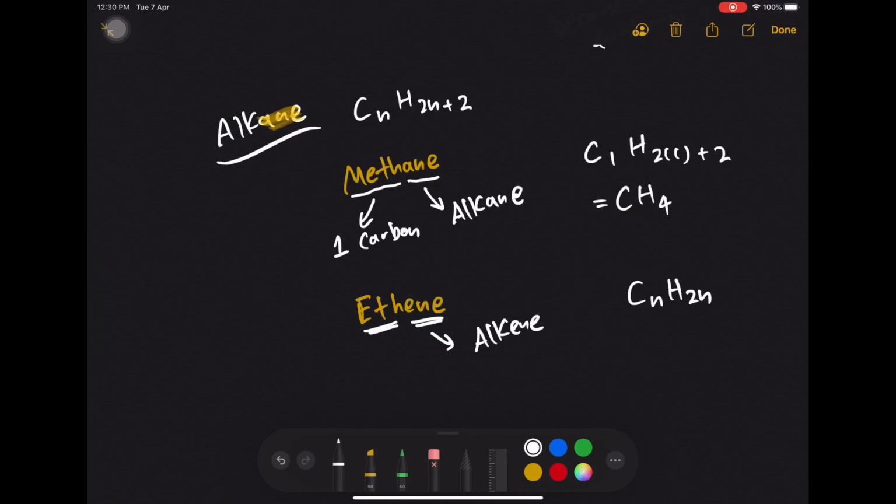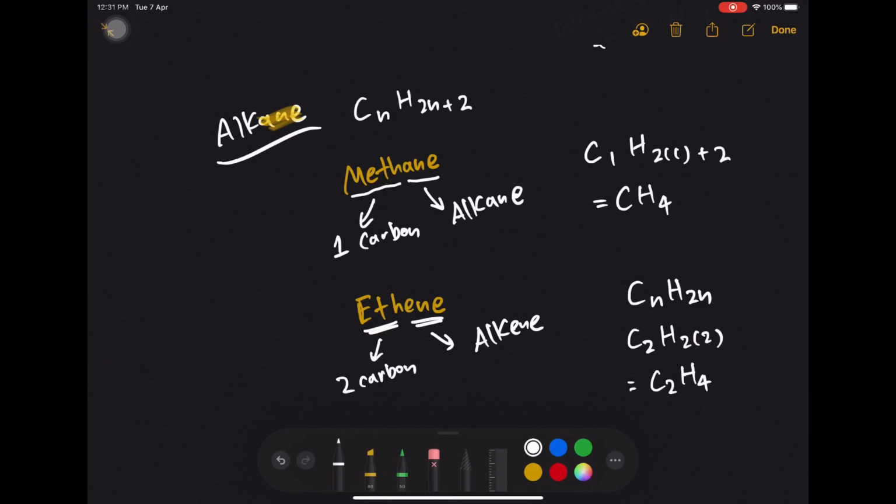The "eth" subword, the one at the front, means that it's 2 carbon. So we're going to sub in 2 for n in CnH2n, and this will give me C2H4. So this is my ethene.